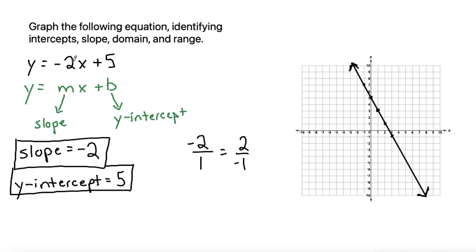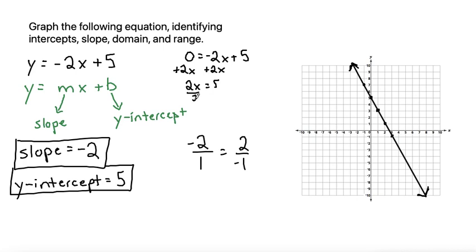This would be a linear equation when it's in the form of y equals mx plus b. Okay, so we have our graph, we have our slope, we have our y-intercept. Another thing that we need is our x-intercept. We can find our x-intercept by plugging in 0 for y and solving for x. So that would be 0 is equal to negative 2x plus 5. We can move the negative 2x term to the other side by adding 2x on both sides, which gives us 2x is equal to positive 5.